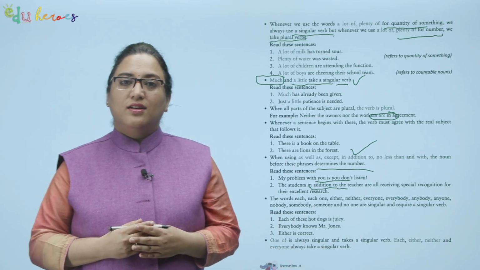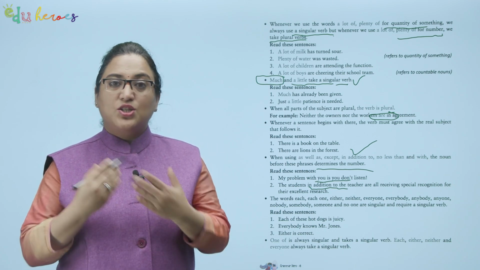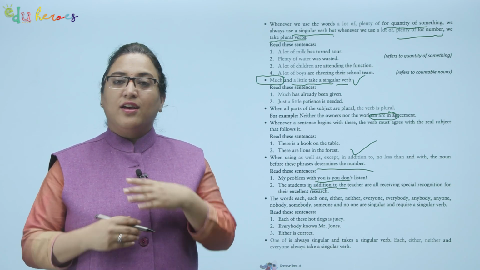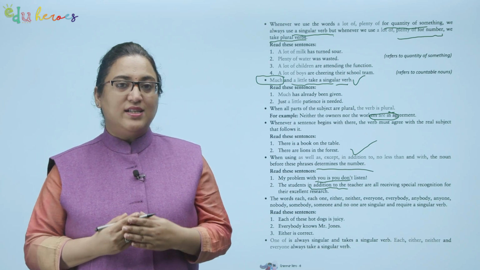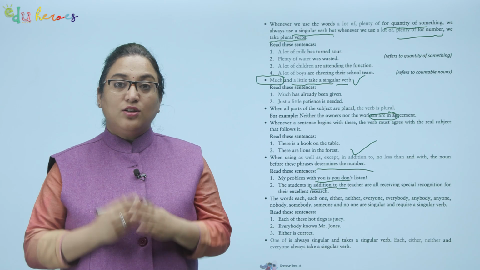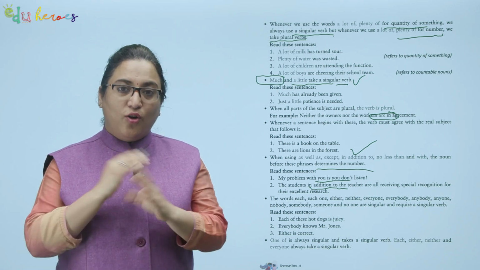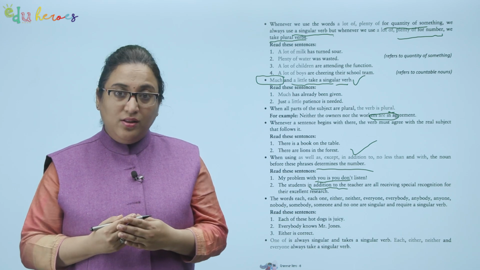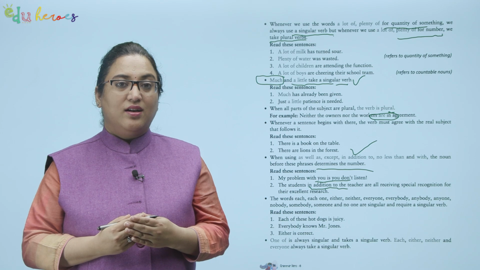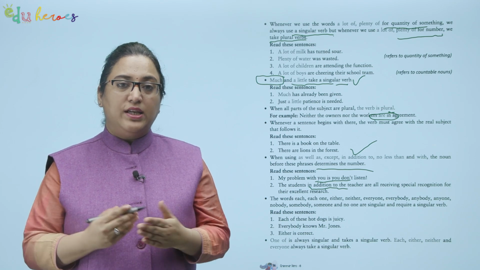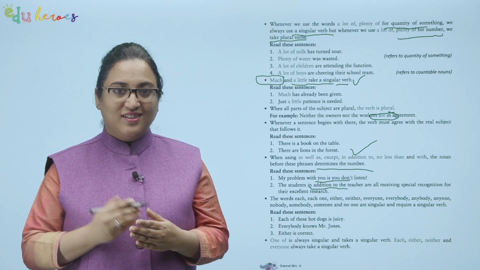Similarly, this is a long list. You have to remember this. The words each one, either, neither, everyone, everybody, anybody, anyone, nobody, somebody, someone, and no one are singular and require a singular verb. All of them, although they look plural, we will consider as singular subjects. For example, each of these hot dogs is juicy, not are juicy.